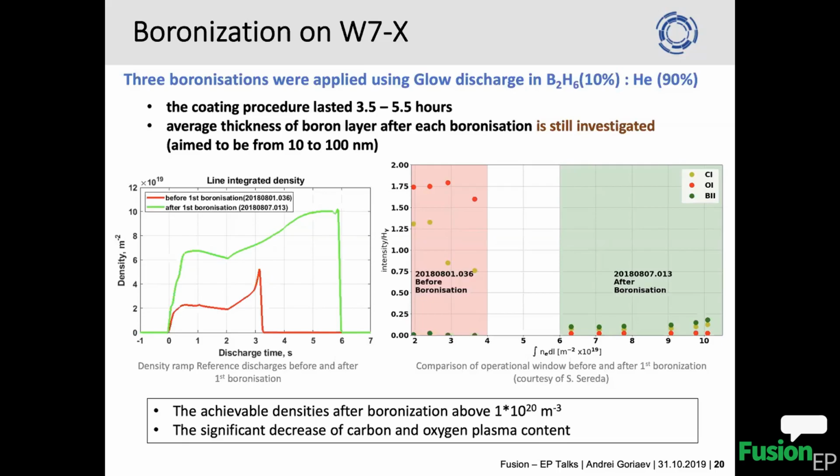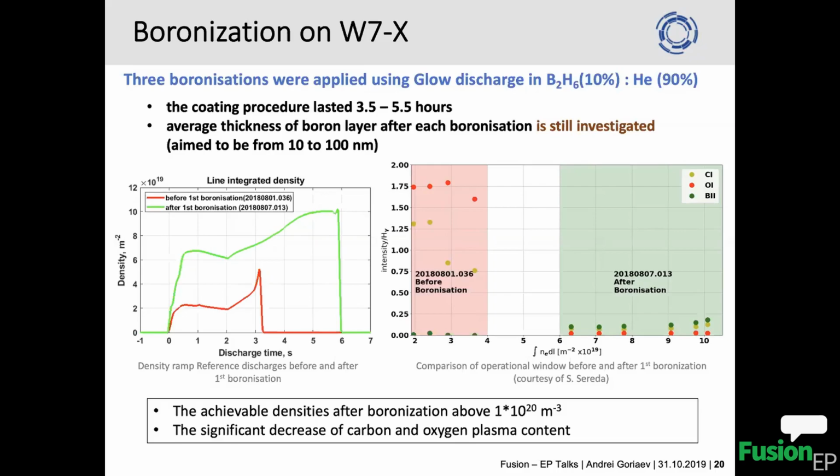We can also see that the first boronization reduced the amount of oxygen, and oxygen was also a problem, as it caused sputtering of carbon. So we reduced oxygen, and by the reduction of oxygen, we also reduced the amount of carbon in plasma.